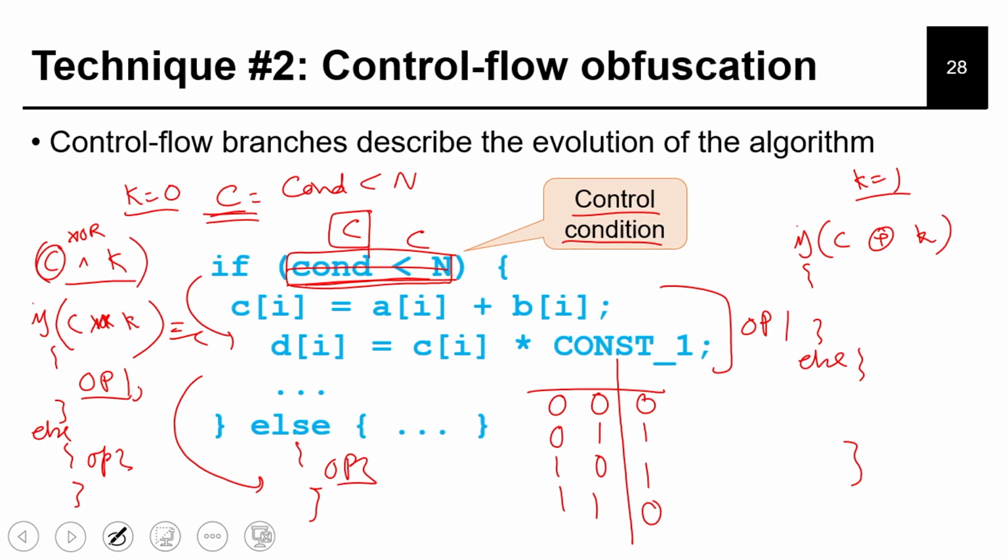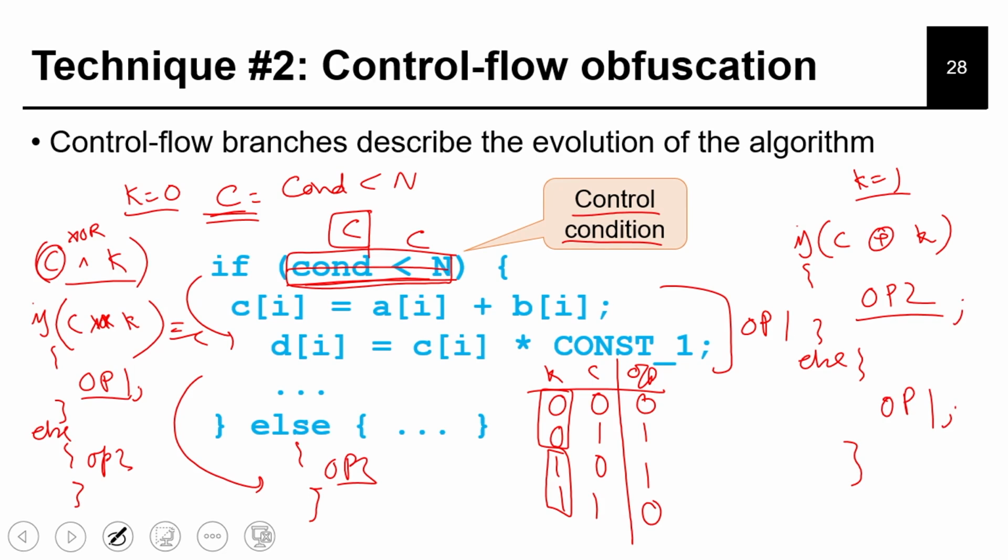If the key is 0, whatever C is, that is the output, 0 1 0 1. Whenever the key is 1, whatever the C value, it is the opposite, C bar. So if k is 1, I should do the else part. I should put OP2 here, the else operations here, and OP1 there.